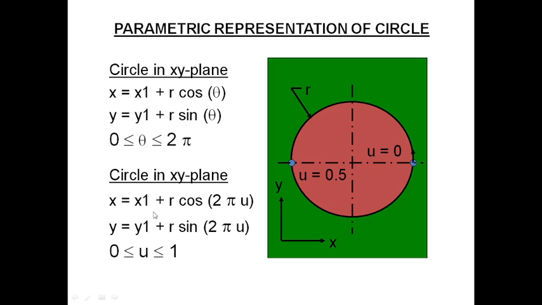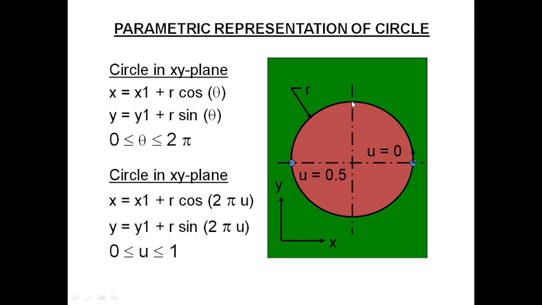As I discussed in one of the previous slides, when you say u is equal to 0, it is this point on the circle, and as you increase the value, u is equal to half here, and when you say u is equal to 1, it coincides with the first point.